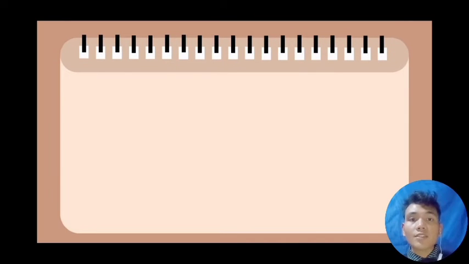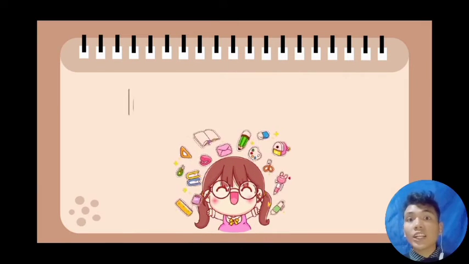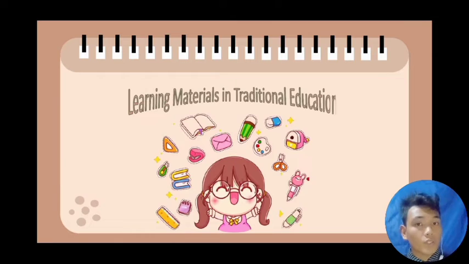Now that we are done talking about the different teaching strategies commonly used in traditional education, let us now talk about the different learning materials that are commonly used in traditional education. We all know as future educators that learning materials are very important because they help us deliver the lessons properly and clearly.